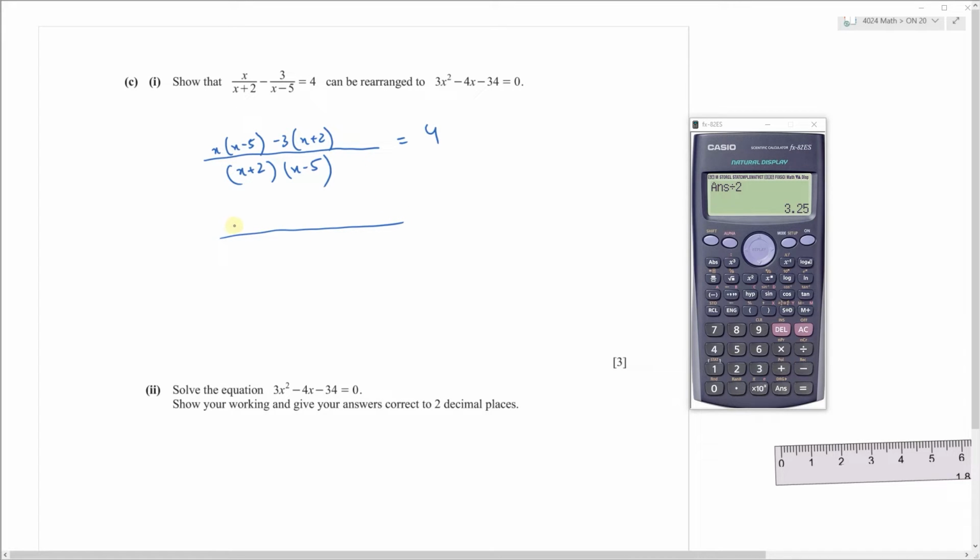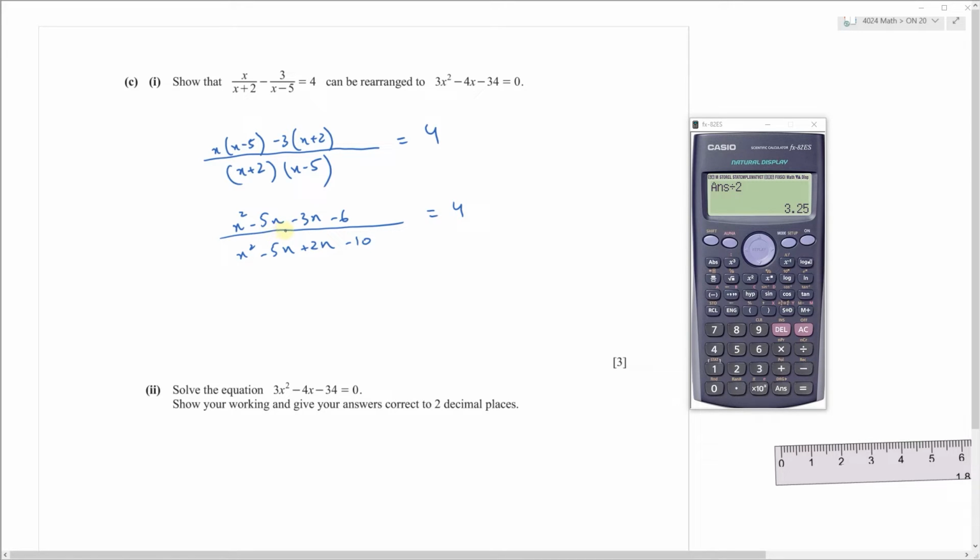So if I open the brackets in the numerator, I get x squared minus 5x minus 3x minus 6. And then I'll open the bracket in the denominator as well. So this x squared minus 5x plus 2x minus 10 equals 4. So let's simplify.